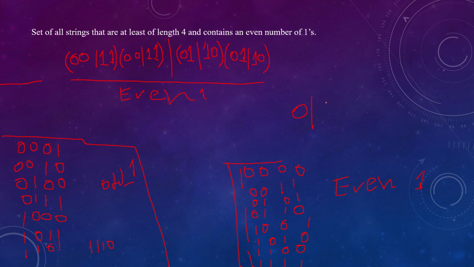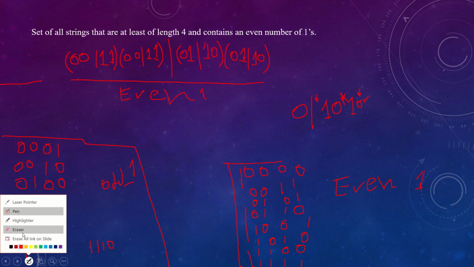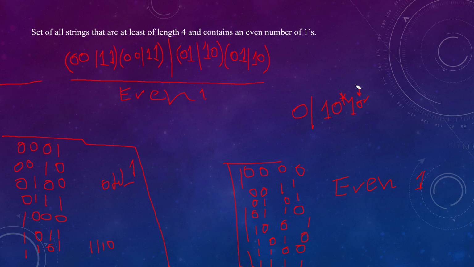So for 1 we must have another 1 with it, and in between there can be any number of zeros, right? And then before and after them there can be any number of zeros too, but as we are going to use a line closure, we don't have to put 0 line closure before and after this, because that can be generated from this 0. So this will give us the even number of 1.